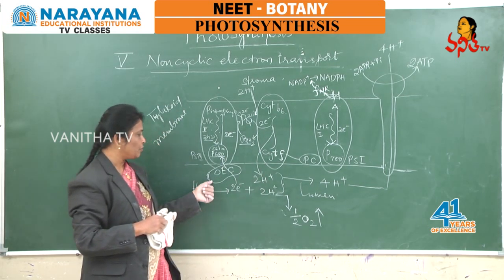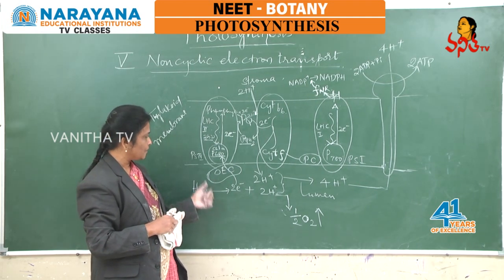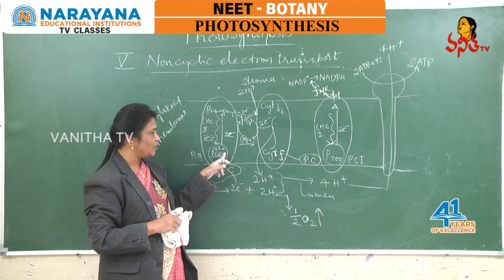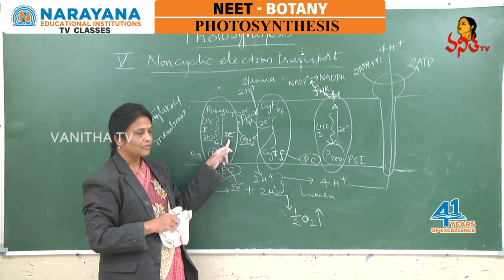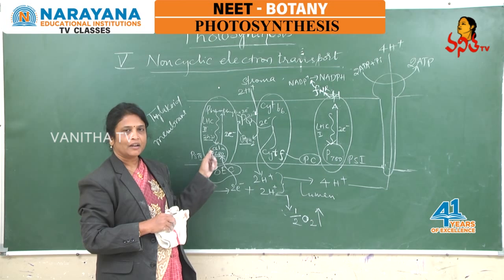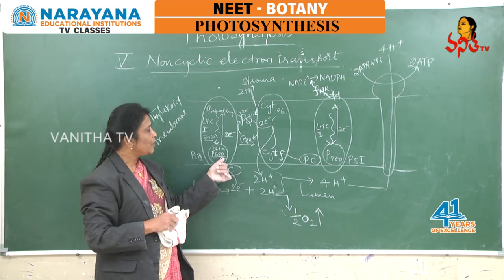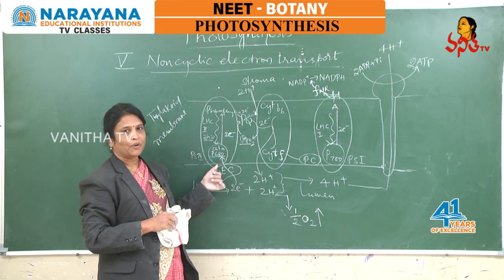And meanwhile we have to follow one more event here. Here the P680 molecule is in excited condition, we said, already liberated 2 electrons, but within a nanosecond it should attain ground state, and to attain ground state it needs an electron donor.